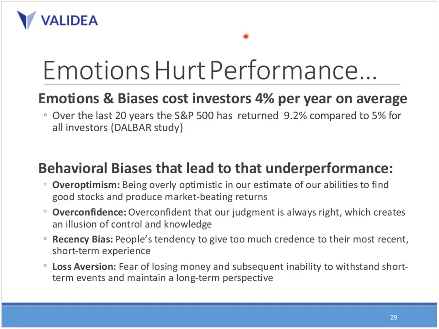But this tremendously hurts the individual investor in terms of their biases in terms of the performance, and that's why we say remove the emotion and be disciplined in your investing.